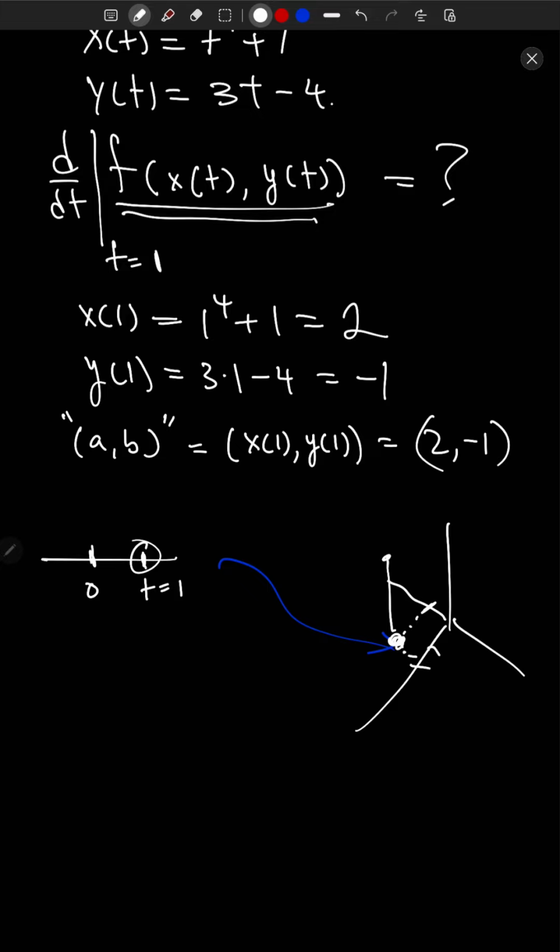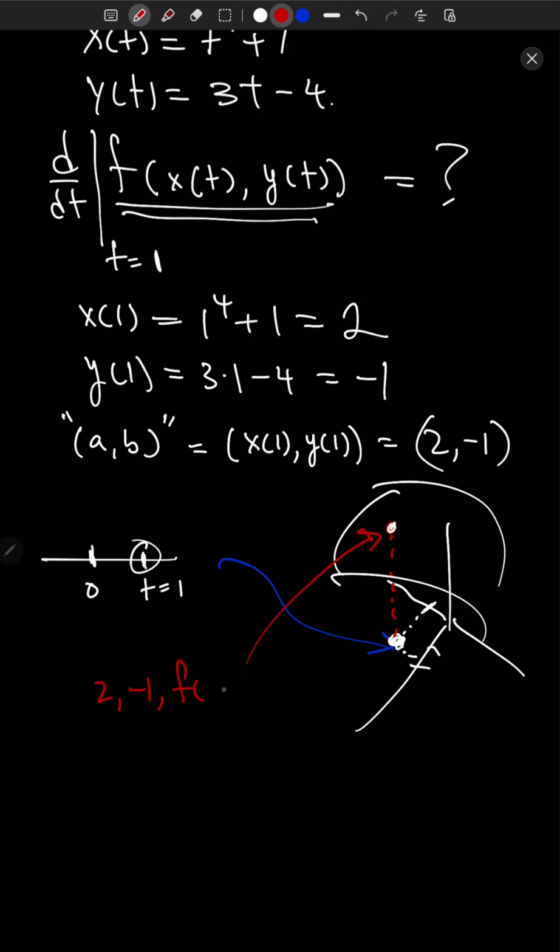We're going upstairs to the graph of our function in terms of the picture. This point up here where it intersects the graph is the other point of interest, and we said it was f of 2 comma minus 1.